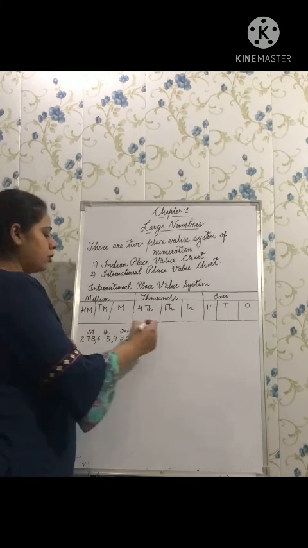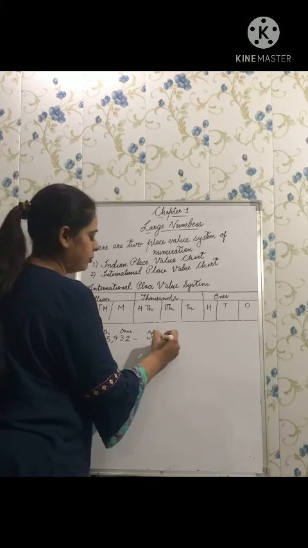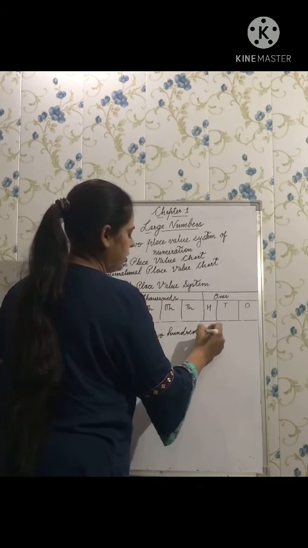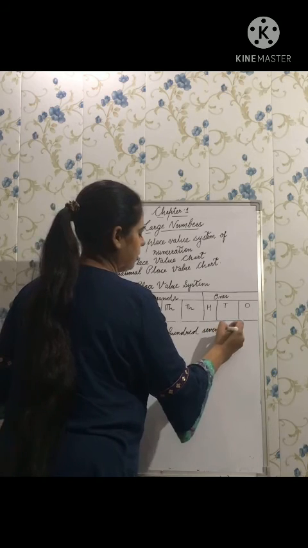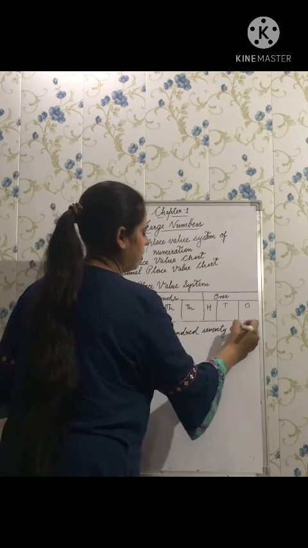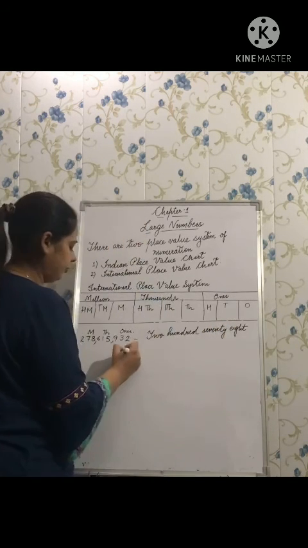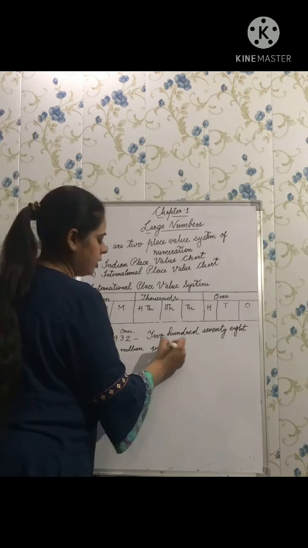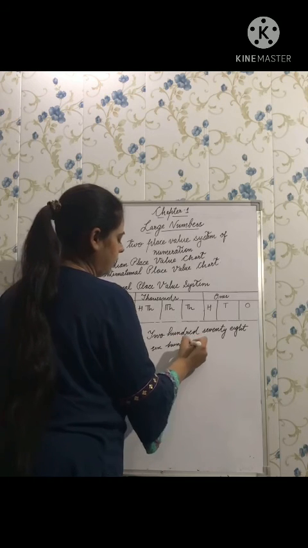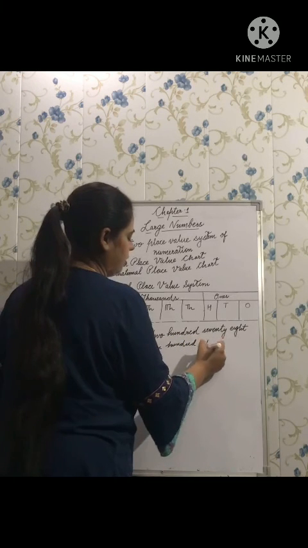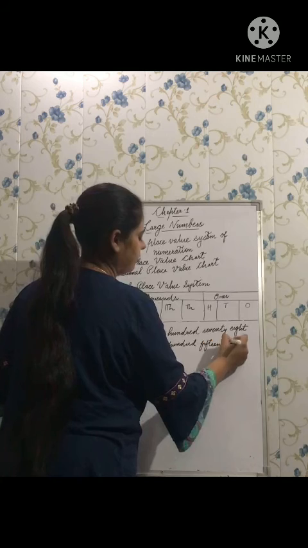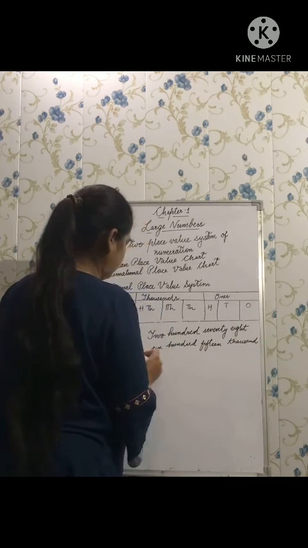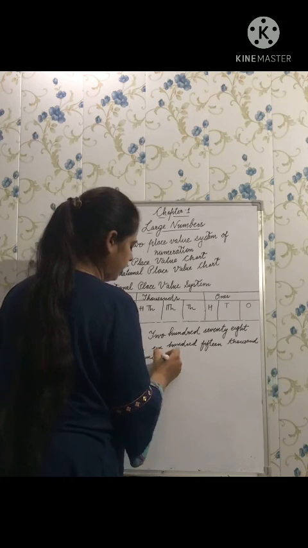So how will you write? 200 78 million 600 15,000 932.